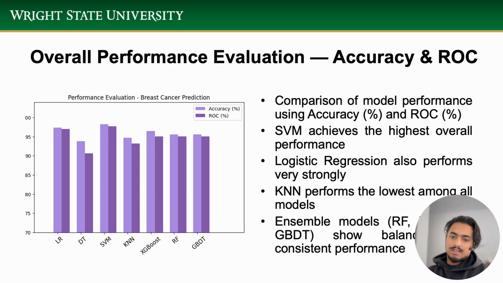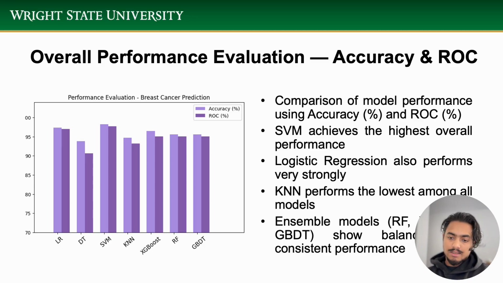And this slide compares the performance of all models using both accuracy and ROC scores. We can clearly see that the SVM is the best performing algorithm, achieving the highest accuracy and ROC. Logistic regression is also very strong and close behind SVM.